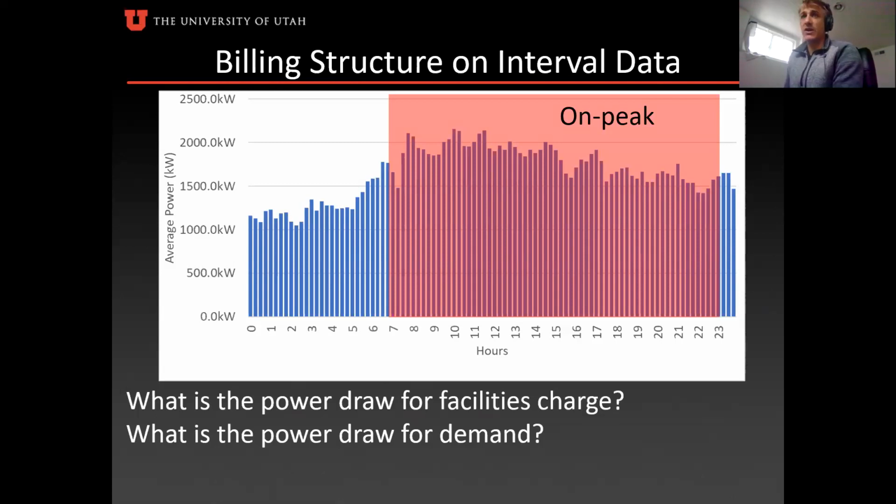That maximum power draw is approximately 2,000 kilowatts, something above that. If we want to move a process around, where do we want to move the process from and where do we want to move it to, if there is such flexibility?